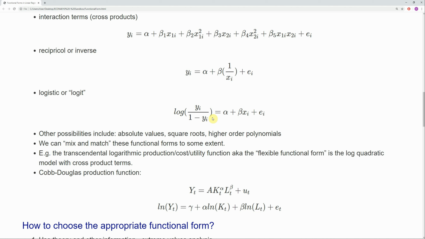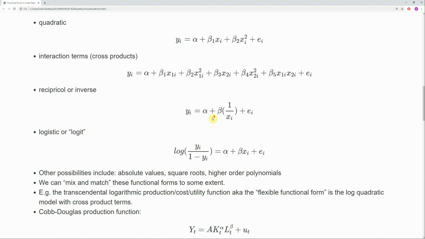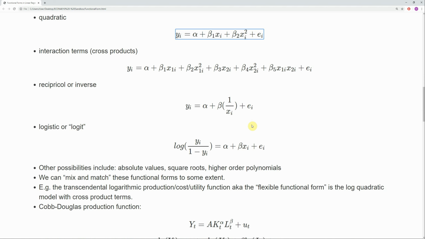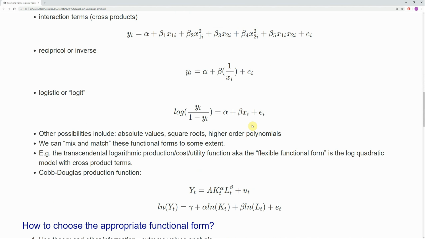Other functional forms that you could see or use are taking the absolute values of your data, or having the square roots, or you could have higher order polynomials. The quadratic term is a polynomial of order 2. You can have a polynomial of order 3 or higher.